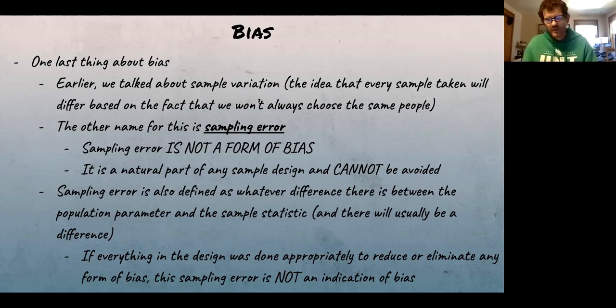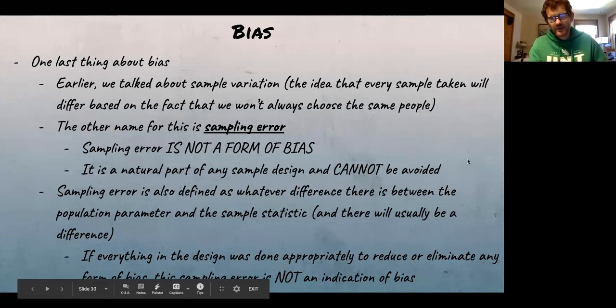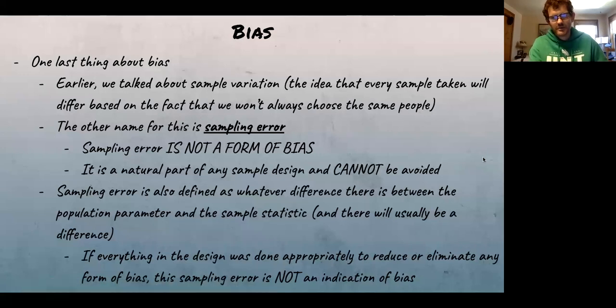And as long as you are reducing whatever that sampling error is, you're doing everything you can. But you can't get rid of it and perfectly guess the population parameter from a sample. Okay, so I just wanted to make sure that was mentioned. This is going to be an important idea later. Just before this semester ends, we'll probably cover a little bit more on this.